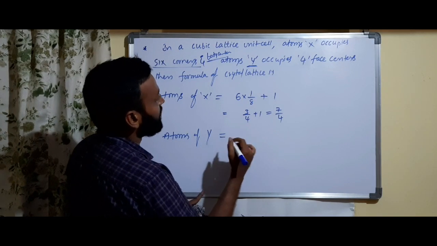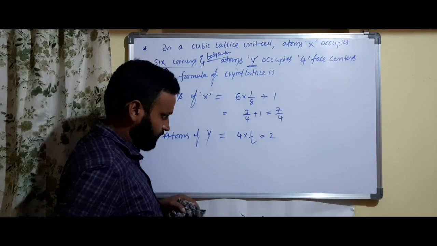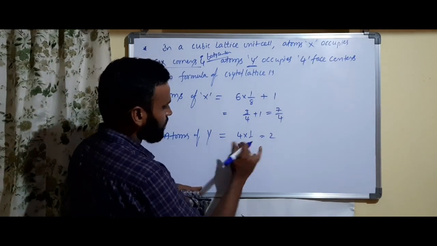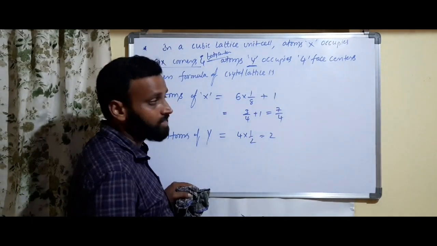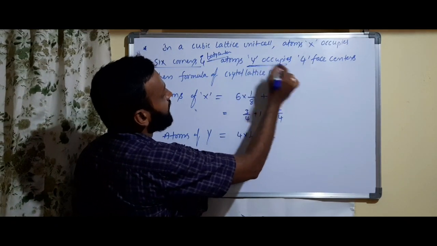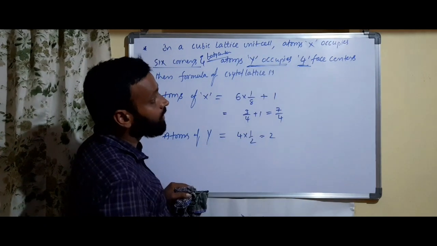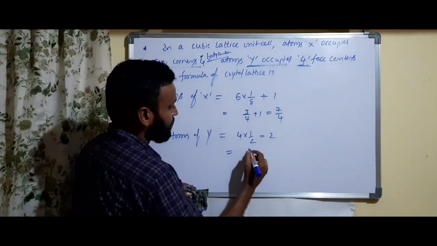Only 4 face centers. So 4 into 1 by 2, that means 2. Why 4 into 1 by 2? With 6 face centers it would be 6 into 1 by 2, but here only 4 are occupied. The Y atoms occupy only 4 face centers, so it's 4 into 1 by 2.